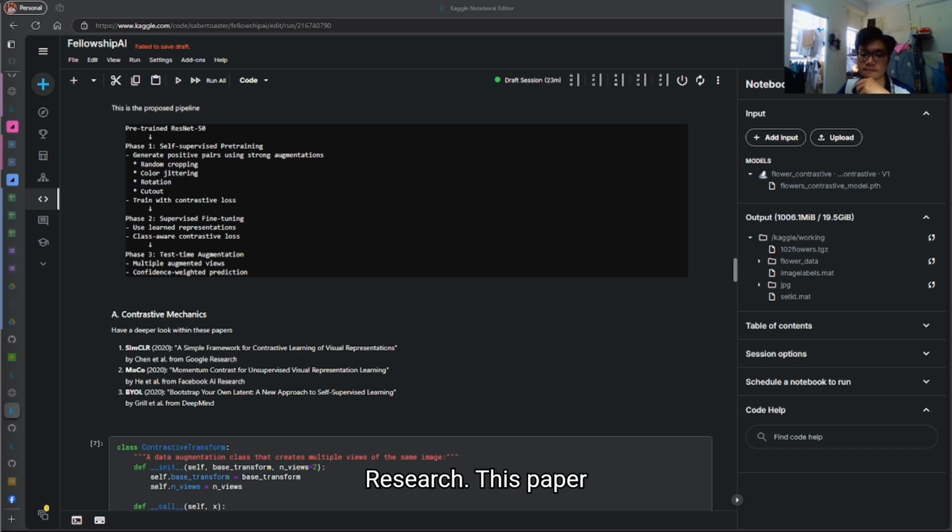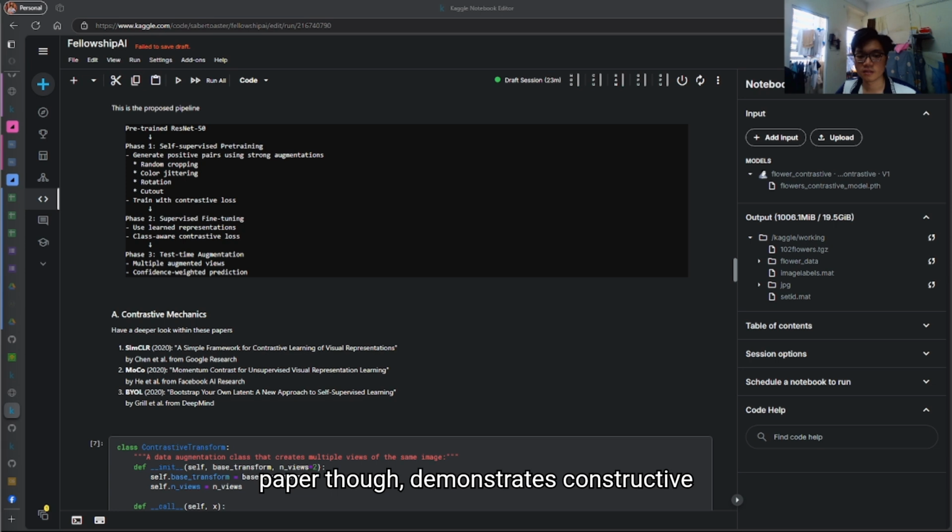AI research. This paper introduced the mechanism to effectively handle negative samples. And the final one is BYOL, Bootstrap Your Own Latent, a new approach to self-supervised learning.